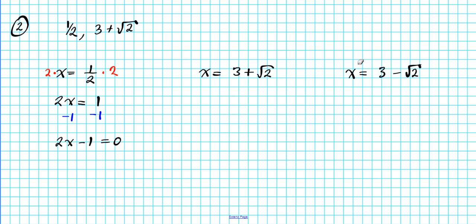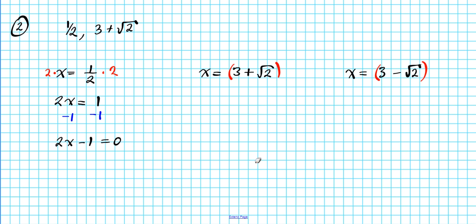Now let's take a look at these two right here. These ones involve a radical component to them, so we want to be strategic in our approach. So let's group the terms together, and what we're going to do to set them equal to 0 is subtract them from both sides as a package.